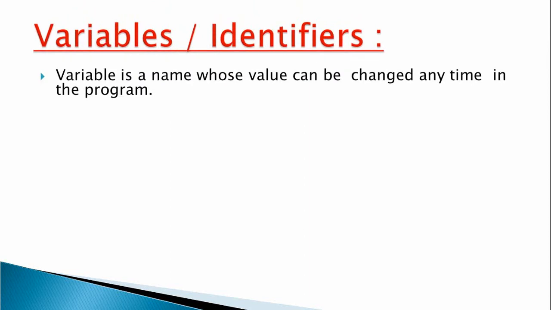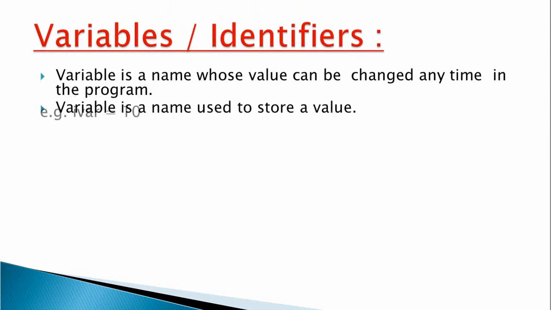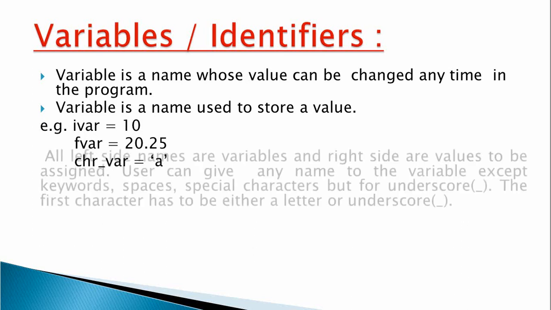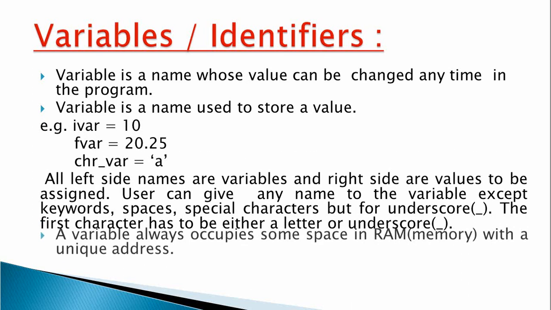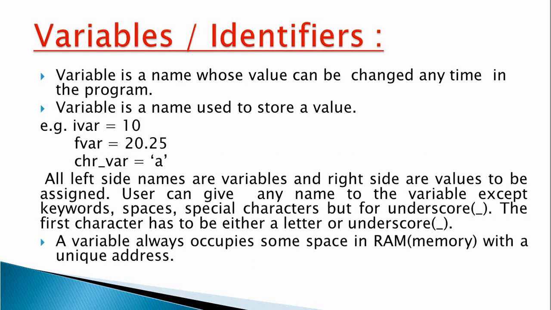Now we will talk about variables, which are also known as identifiers. A variable is a name whose value can be changed any time in the program. A variable is a name used to store a value. For example, if there is a variable called ivar, I can assign it a value 10.